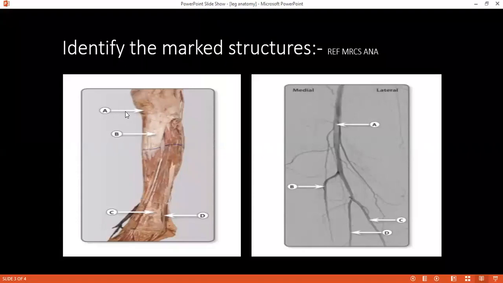Would you be able to identify on the left hand side image, structure A? Patellar tendon or tibial tuberosity. Yes, it's something. Not clear though. Okay, B, please.